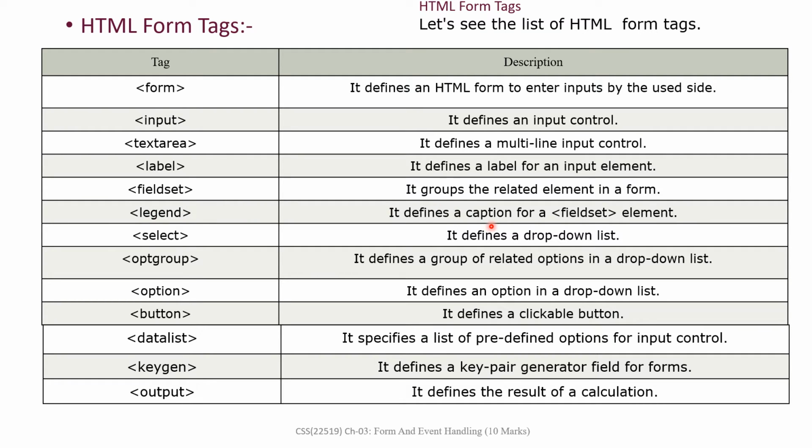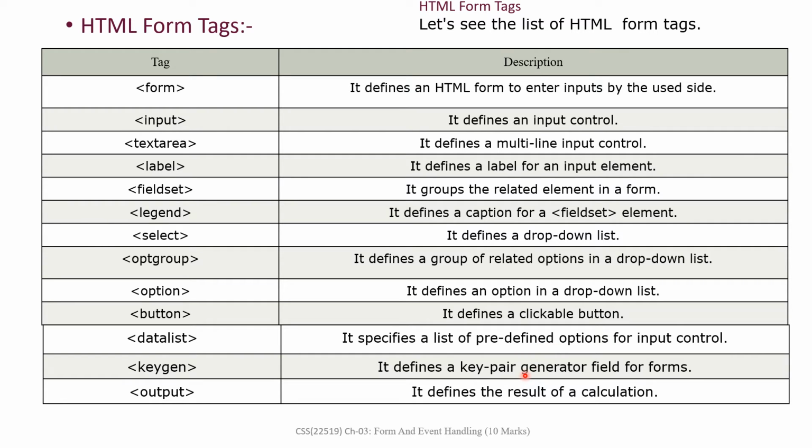It defines the caption for a fieldset element. Select. It defines the drop-down list. Optgroup. It defines the group of related options in the drop-down list. Option. It defines an option in the drop-down list. Button. It defines the clickable button. Datalist. It specifies a list of predefined options for input control.